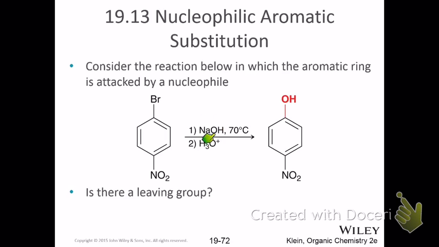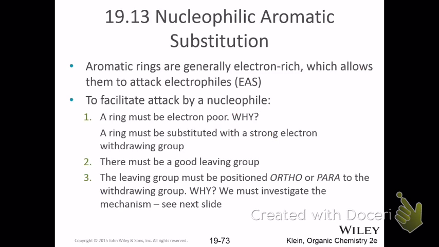It makes it so that at 70 degrees Celsius in concentrated sodium hydroxide, you can get this nucleophilic reaction to take place. You don't always have a really good leaving group. In this case you do have a good leaving group, the bromine, but we'll talk about that.